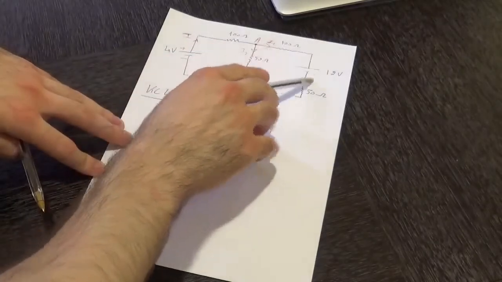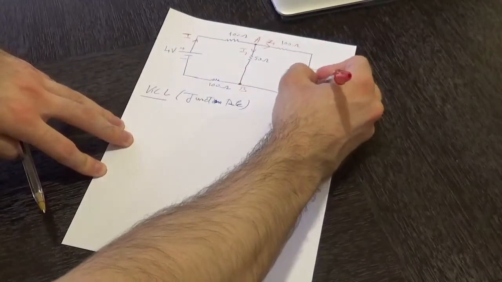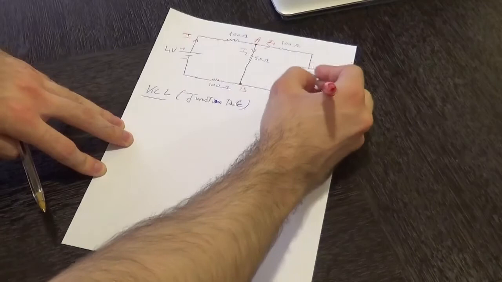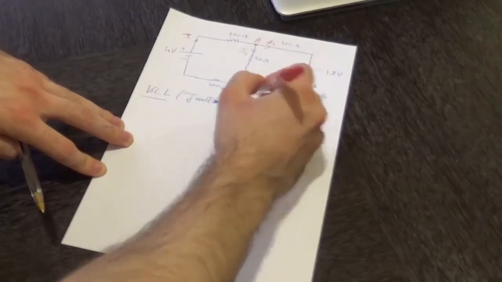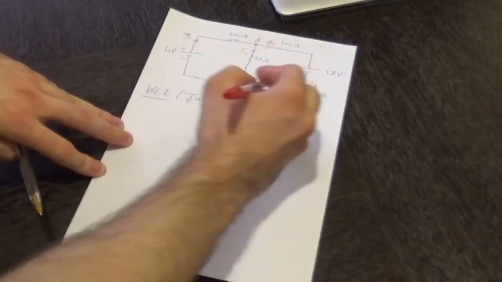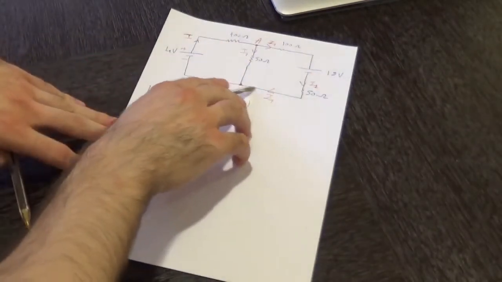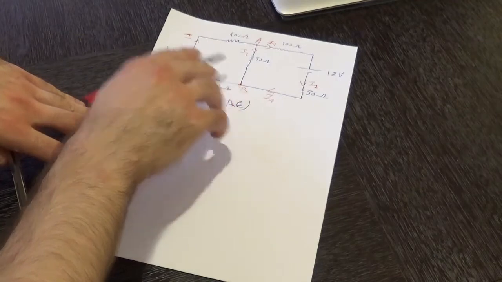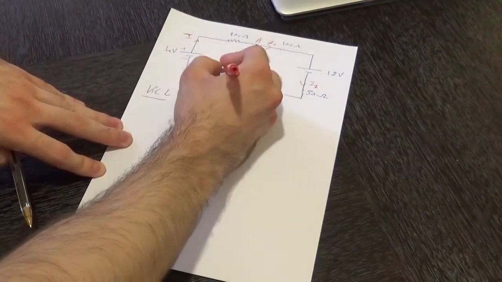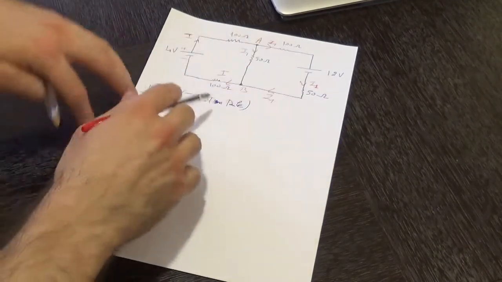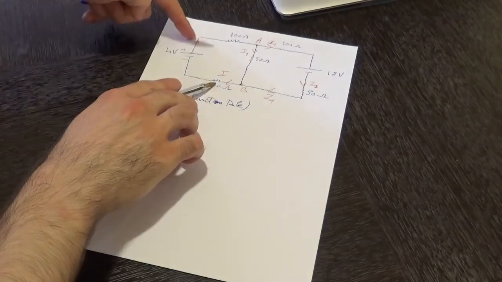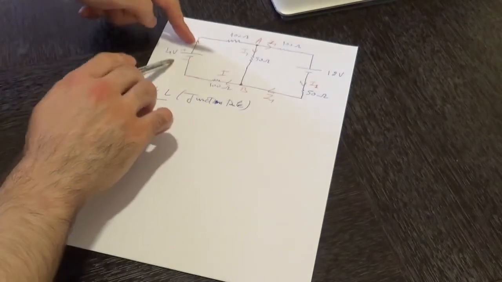Then I1 keeps going and flows through the 50 ohm resistors until it reaches node B. At node B, we have I2 coming into B, and I1 coming into node B, joining together and giving out the main current I. Through that 100 ohm resistor, we have that same main current flowing through it.